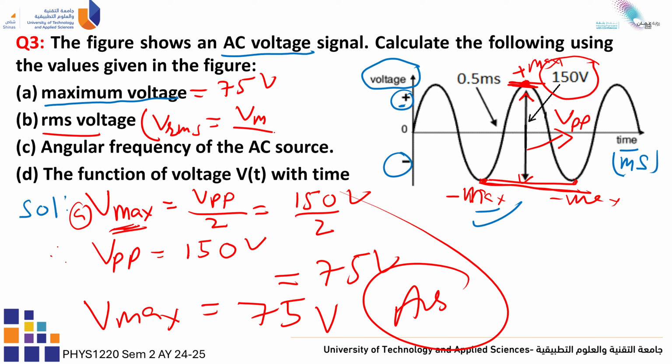So V maximum is divided by root 2. If I write 75 divided by root 2 and calculate in my calculator, this will give me the value 53 volt. So I'm going to the next page.